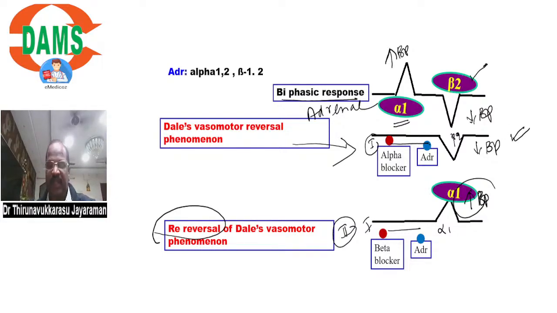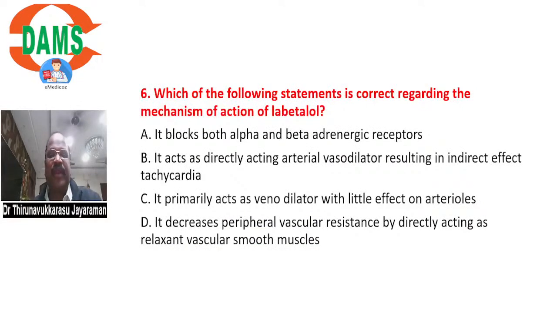Okay. Next. Which of the following statements is correct regarding the mechanism of action of labetalol? Very simple. For this type of question, when you see the drug, the mechanism should come to mind before seeing the options.